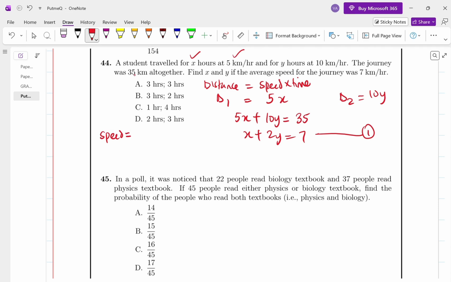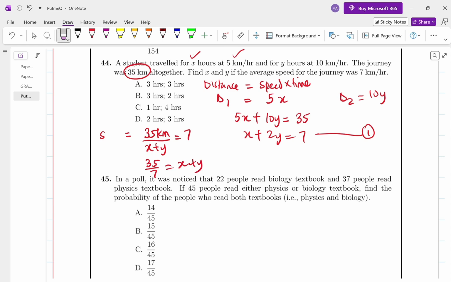And now, they travel 35 kilometers, so that's 35 kilometers, divided by the time spent, which is x plus y, because they first of all moved for x, then moved later for y, so that's x plus y. So if the speed was 7, we can agree that 35 over 7 is equal to x plus y.